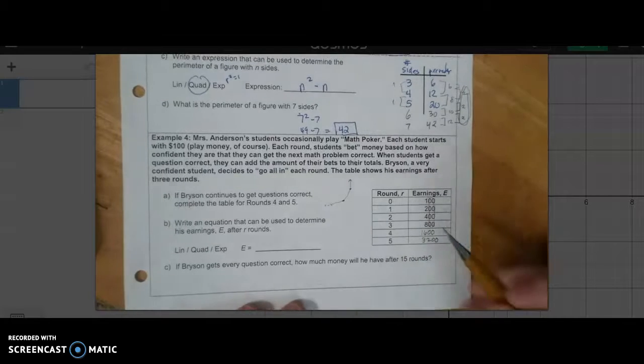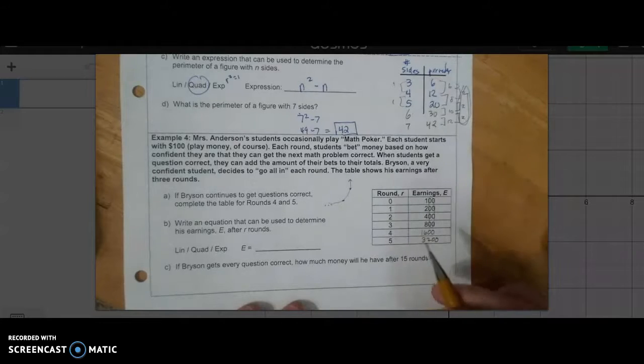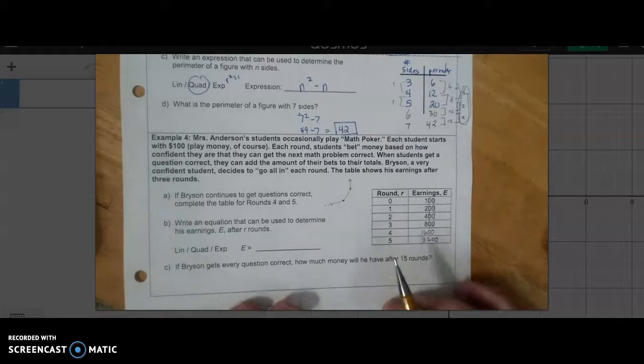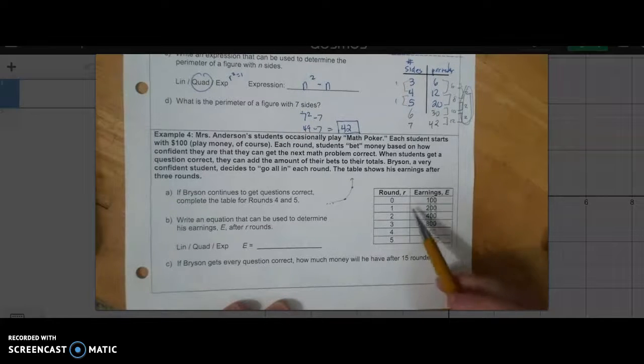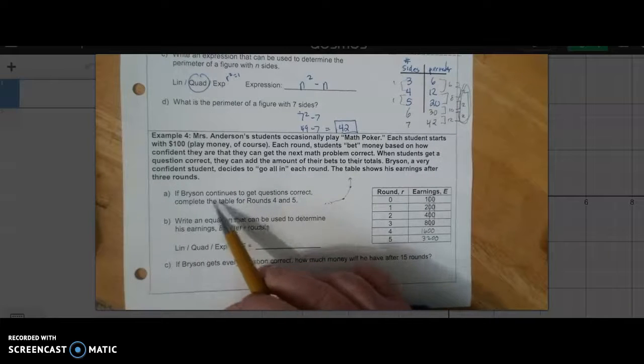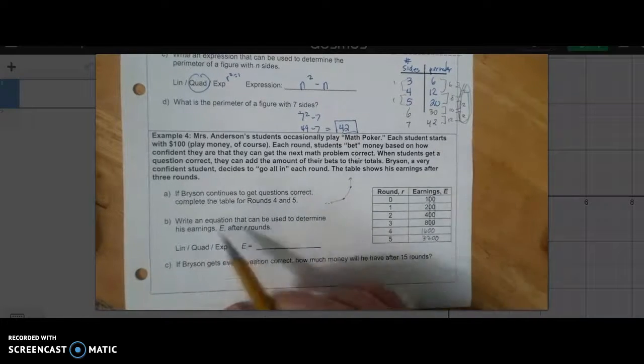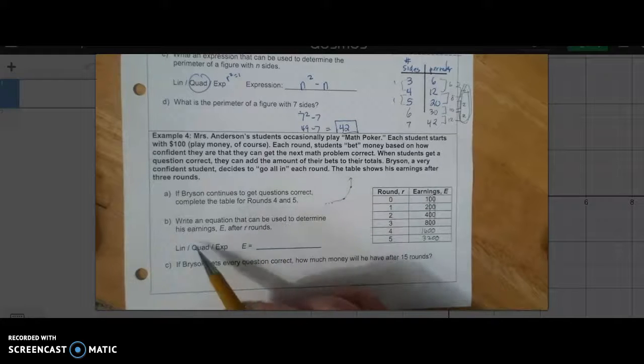So once you notice that things are doubling or tripling as they go along, that is the clue that it is an exponential growth chart. If Bryson continues to get questions correct, complete the table for 4 and 5. Write an equation that can be used to determine his earnings E after R rounds.